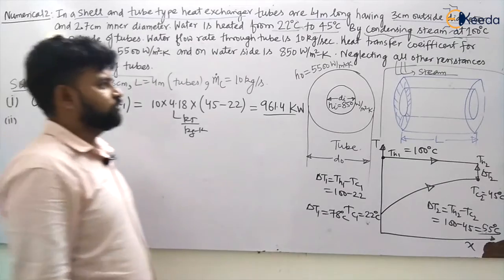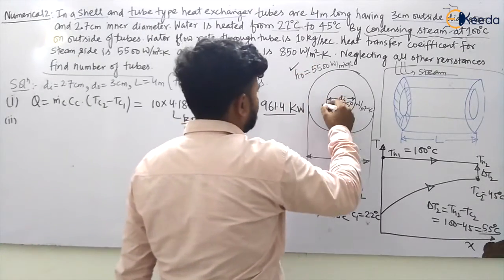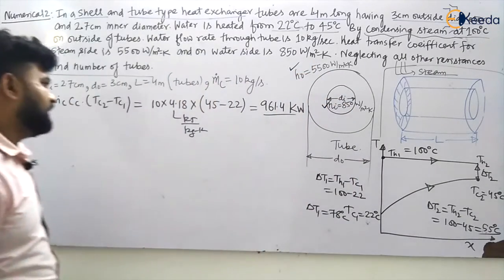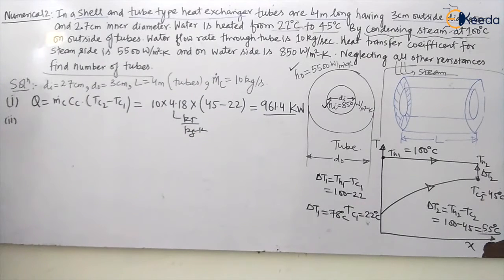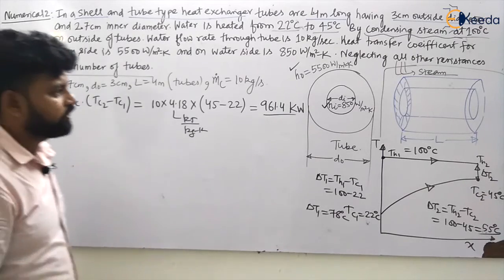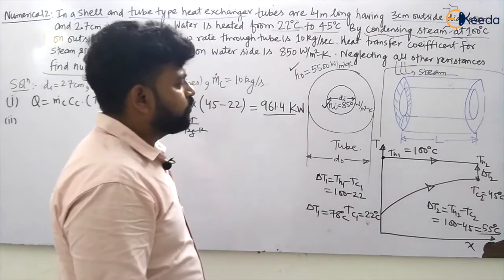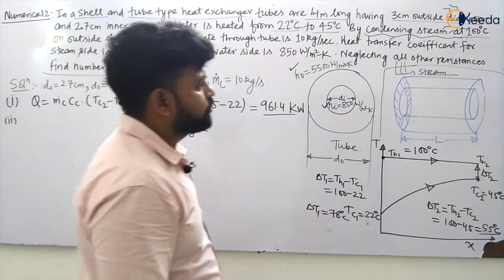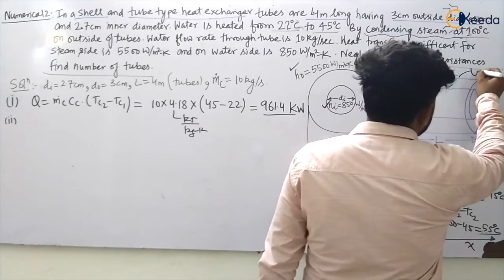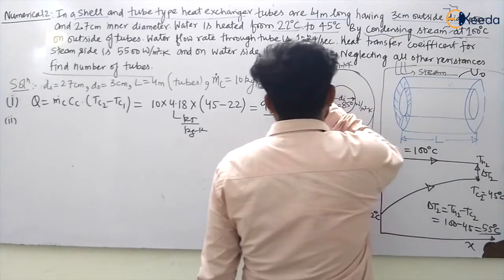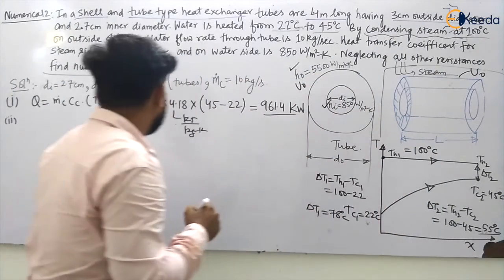And the overall area of heat transfer can be calculated by what? They have given H0, they have given Hi. So can I have that overall area? Yes, I can calculate it. But first of all, I have to calculate the overall heat transfer coefficient for the outside, that is U naught. Let us see how.